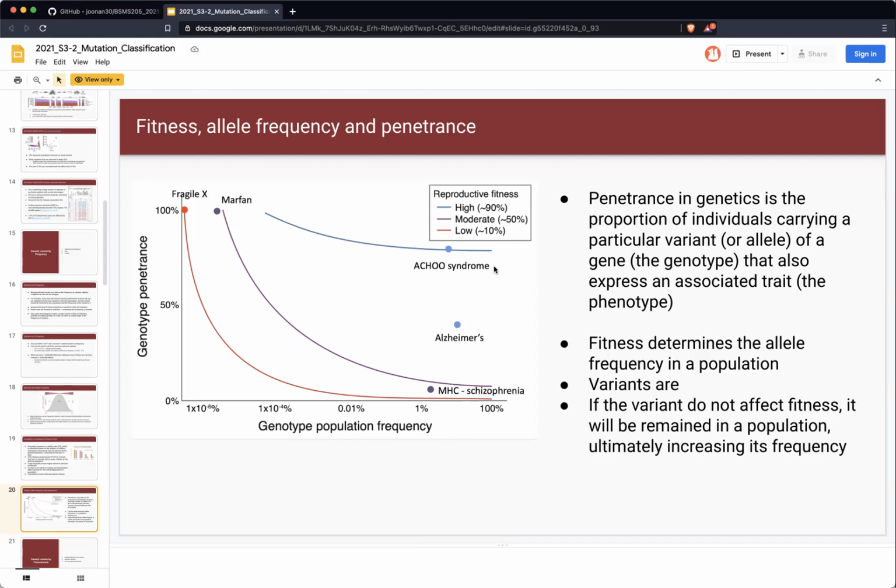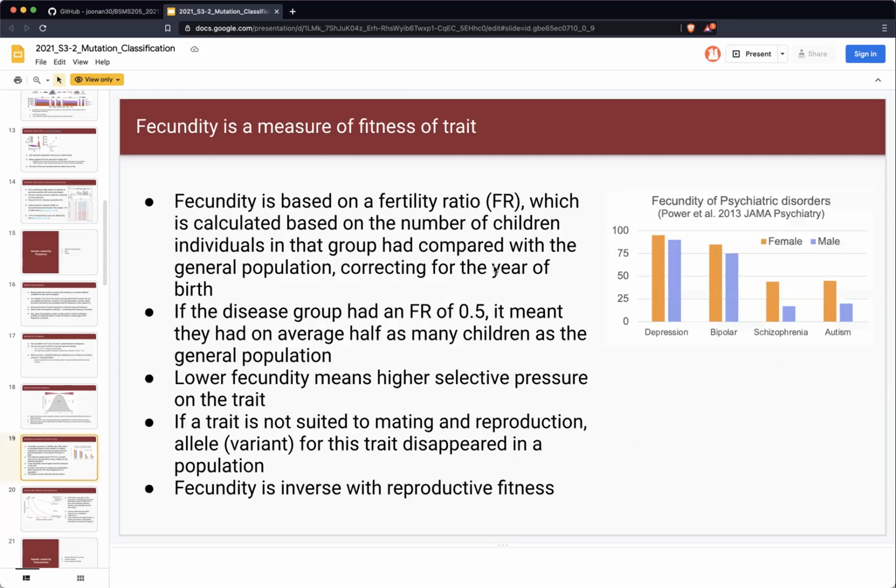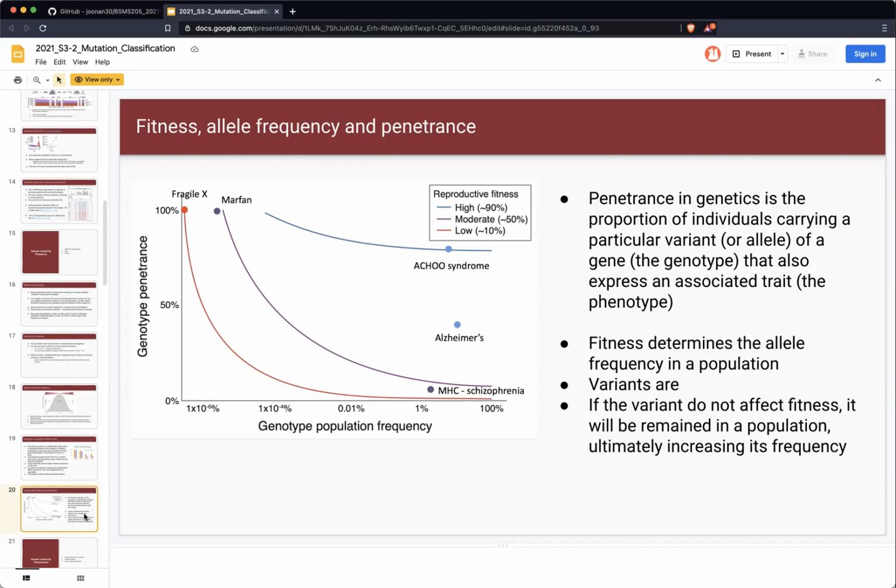If you date someone and you sneeze over the sun, your girlfriend is not going to say we have to break up, right? So this is the difference. Archer syndrome also has high reproductive fitness, and the allele associated with Archer syndrome is highly transmitted to the next generation. So there is no way we are impacted by that situation.